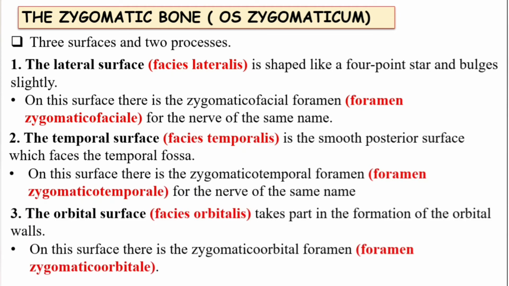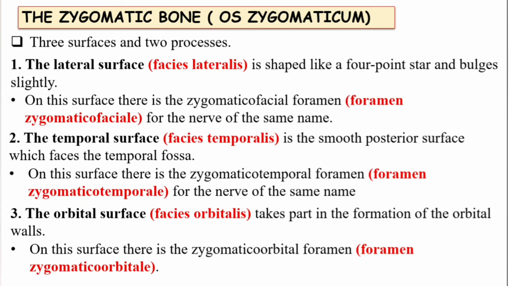Lastly, there is the orbital surface, facies orbitalis, which takes part in the formation of the orbital walls. And on this orbital surface, there is the zygomaticoorbital foramen, foramen zygomaticoorbitale. So you can see it's very easy. On the face, or on the lateral one, is zygomaticofaciale.